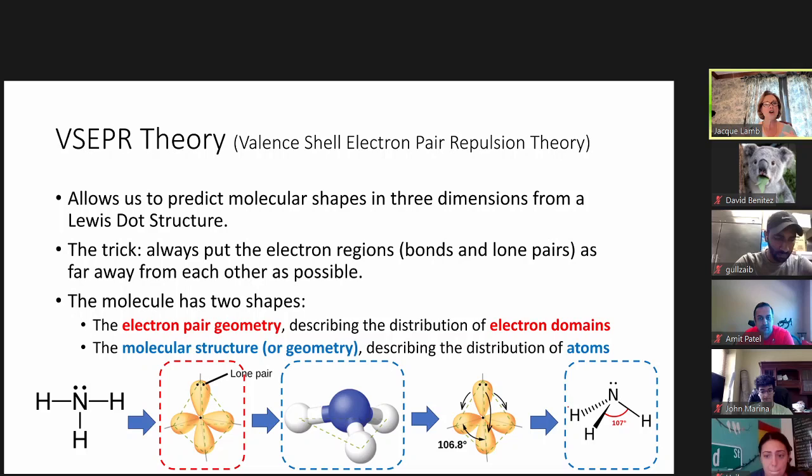That looks like we have 90-degree bond angles, but that's because the Lewis structure is drawn in two-dimensional space. That's not as far apart as those electron domains can get. If we start occupying three-dimensional space, we can actually create a structure where this angle is 109.5. And that allows those electrons to get as far apart as possible. The name of this shape is tetrahedral.